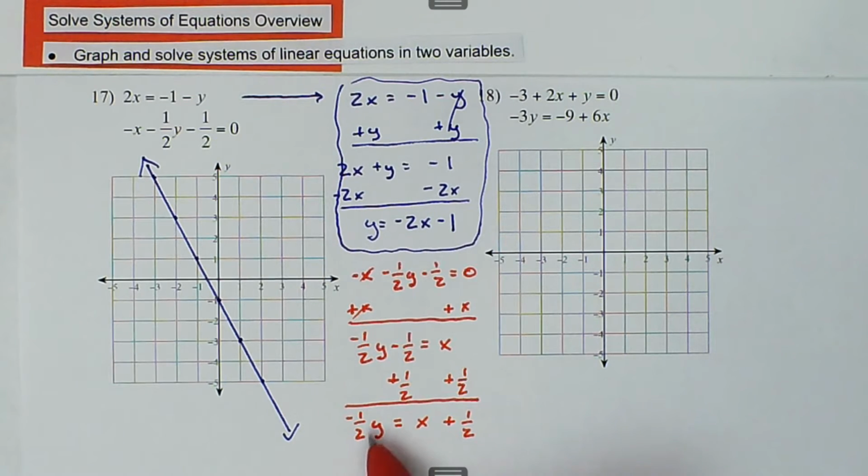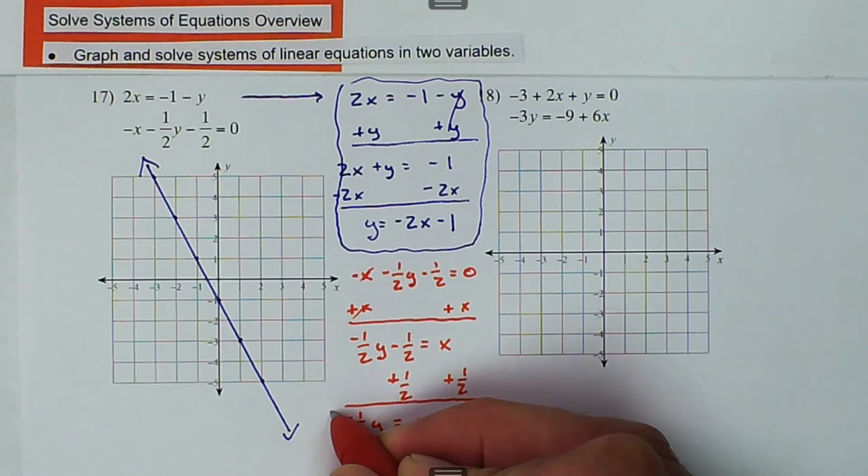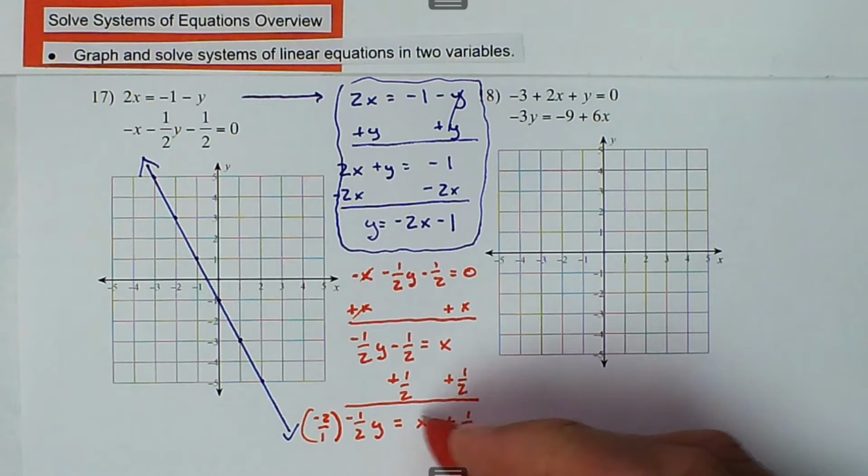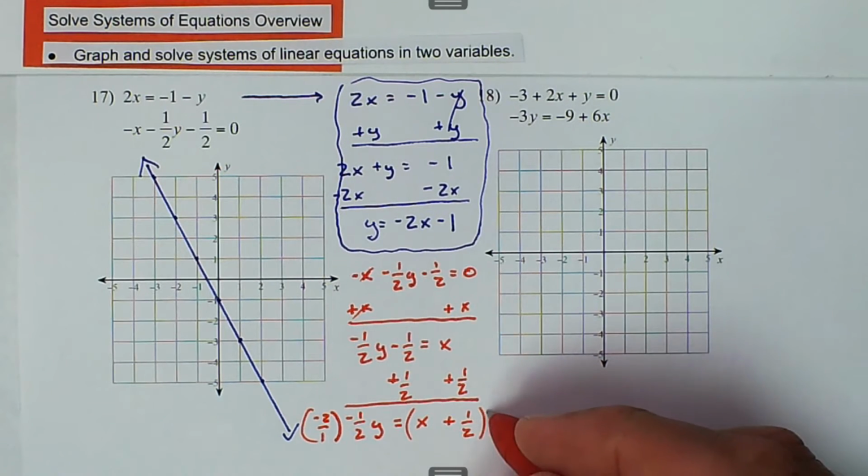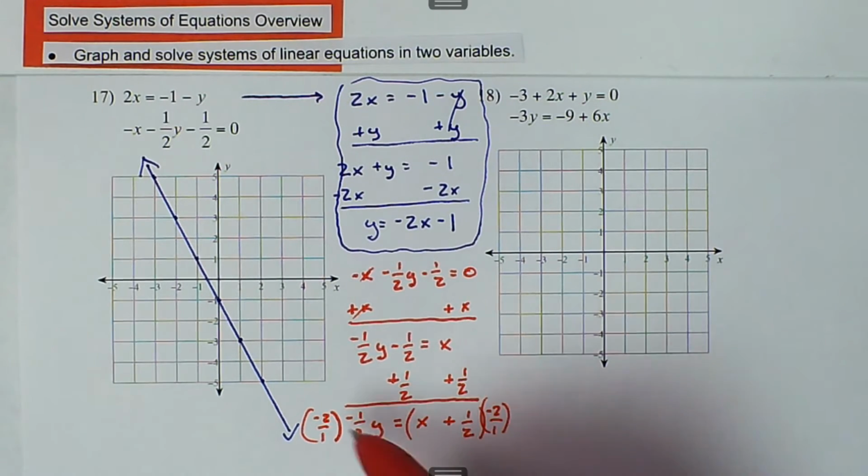And now we have multiplication over here on the left. We have -1/2 times y. We could divide by 1/2, or what's a lot of times simpler to do is to multiply by the reciprocal. So we're going to multiply by -2/1 on both sides of the equation.